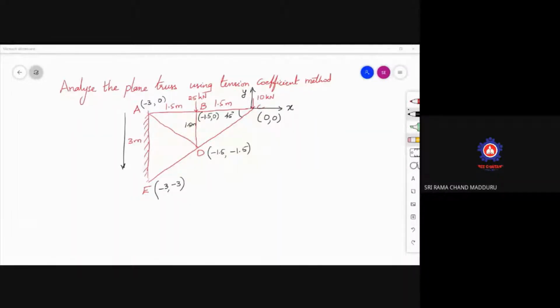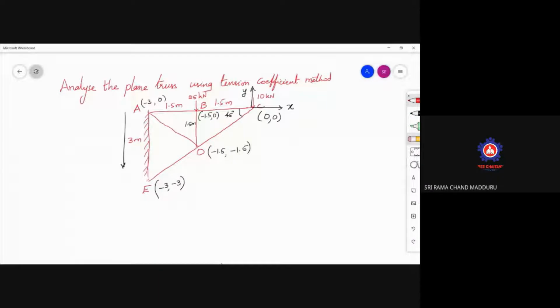In the first step, you are assuming this. Now write down the equilibrium equations along the x-axis and along the y-axis at each joint. Now considering the free end, we will consider the free end at C. So consider joint C and write the equilibrium equations.